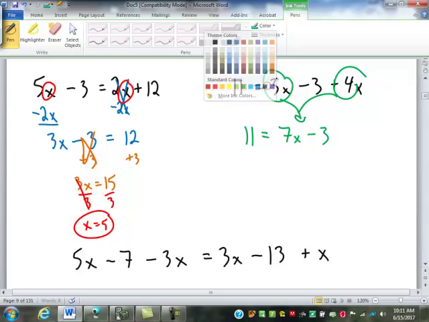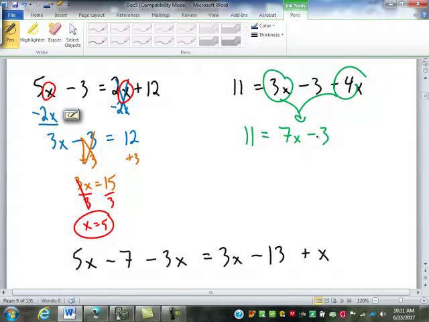And then add 3. So 14 equals 7x. And then divide by 7. So 2 equals x.